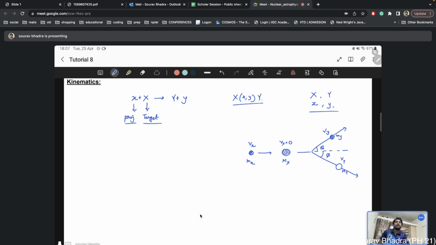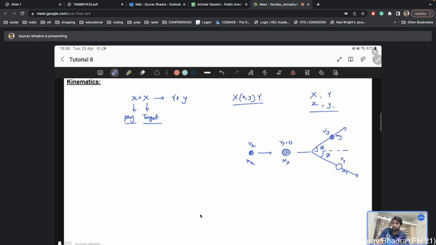So this is the understanding of the problem. You can consider it a two body collision problem, and we can use this formalism of two body collision for the nuclear reaction mechanism.